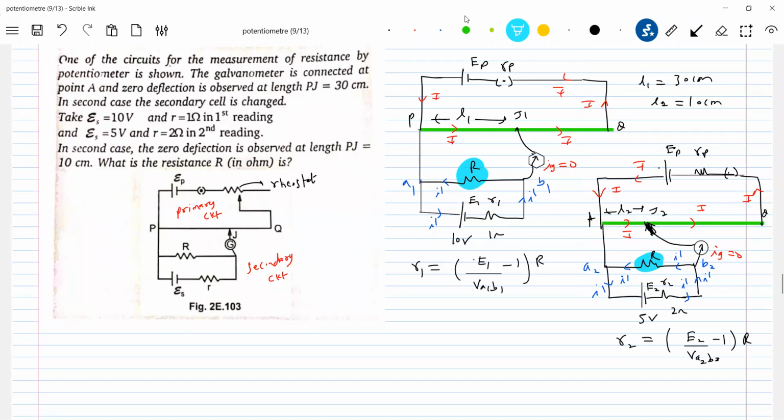Okay, do we know E1? Yes, E1 and E2 are given, but we don't know this terminal voltage. So what to do for the terminal voltage? Looking at the first circuit, what is the terminal voltage? VA1B1 should be equal to I lambda into L1. Then similarly, VA2B2 should be equal to I lambda into L2.